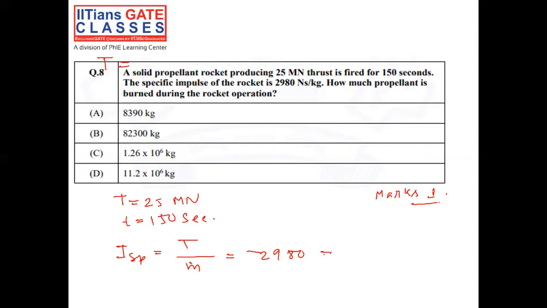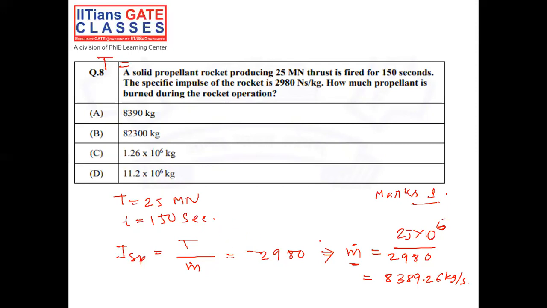So from this equation we can get m dot as 25 into 10 to the power 6 divided by 2980, so we'll get 8389.26 kg per second, and this m dot is the propellant burned per second.